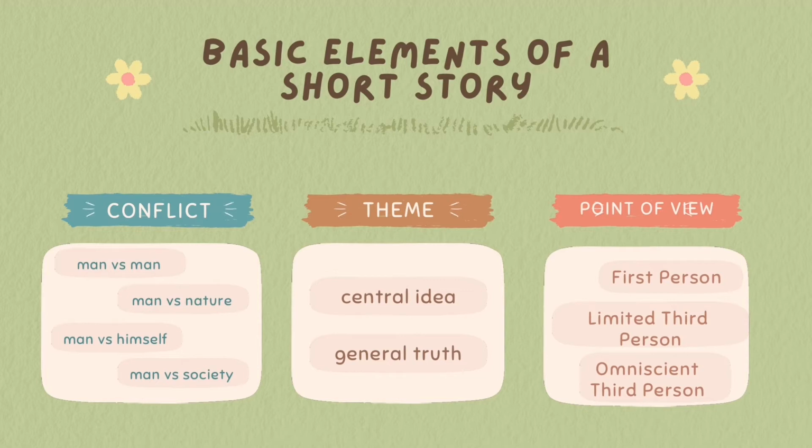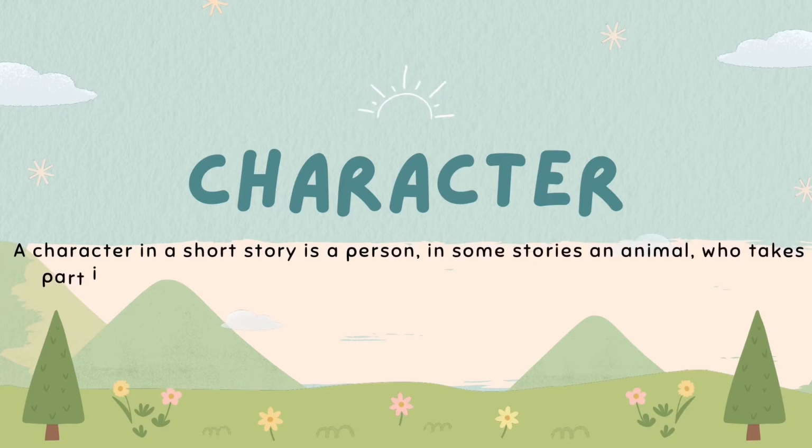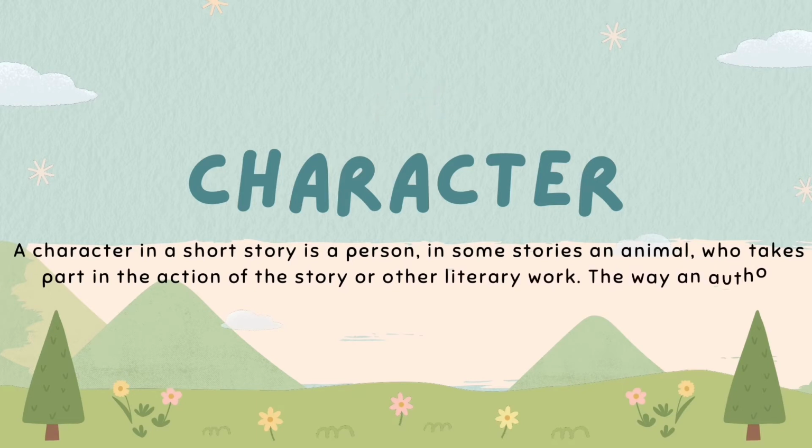Let us identify these basic elements. First, what is a character? A character in a story or short story is a person. In some stories, there are animals who take part in the action of the story or other literary works.